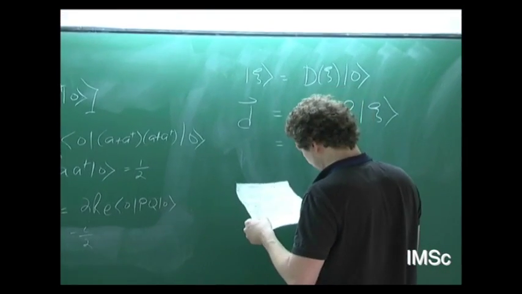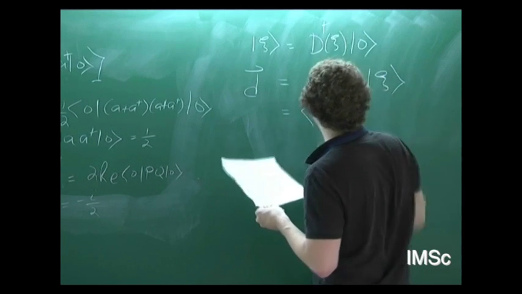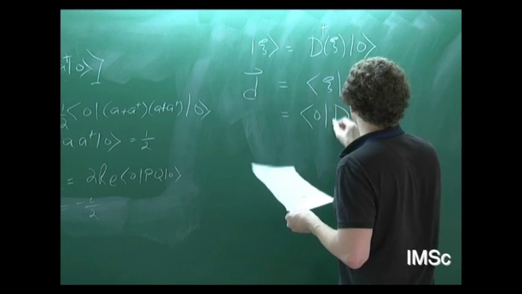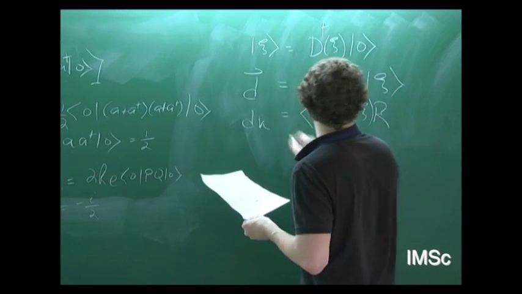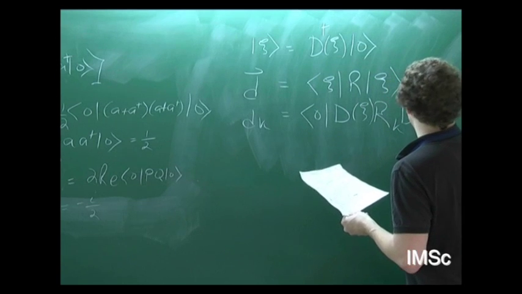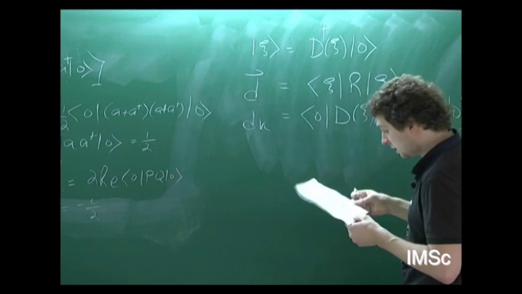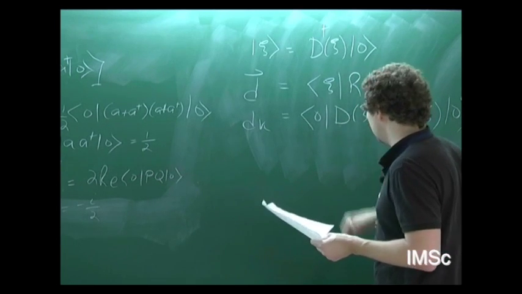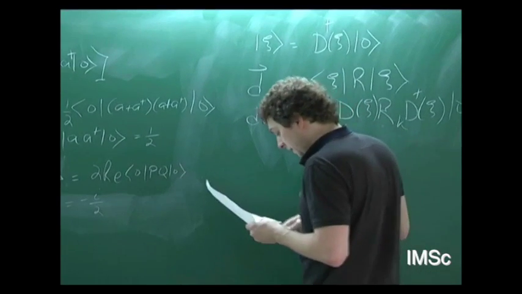I'll put this dagger in to make sure everything works. The kth element of that is going to be equal to this, which, from the properties, this commutation relation with the displacement and the quadratures that we mentioned before, is just going to give us this.